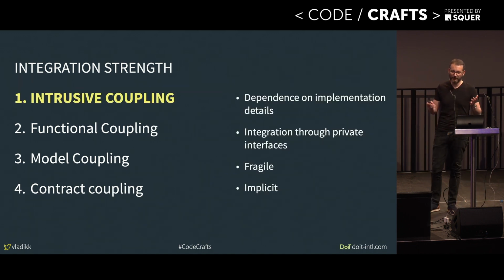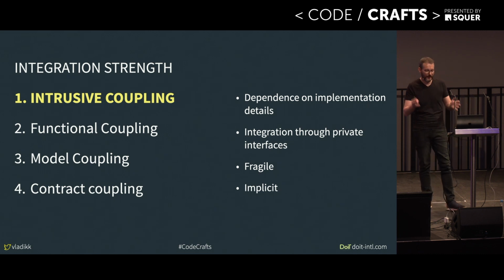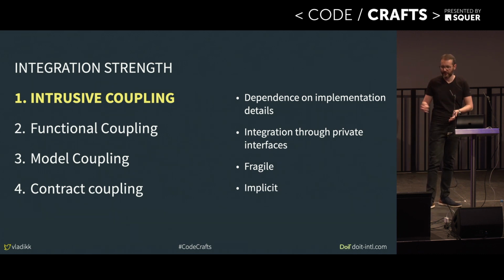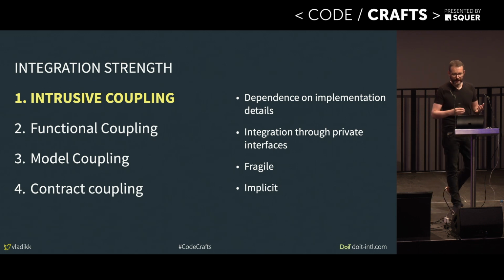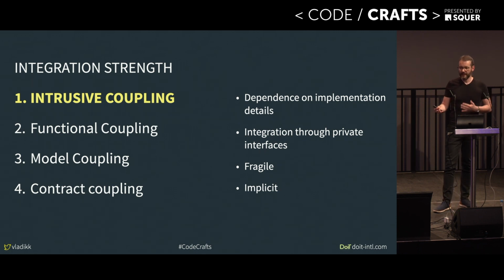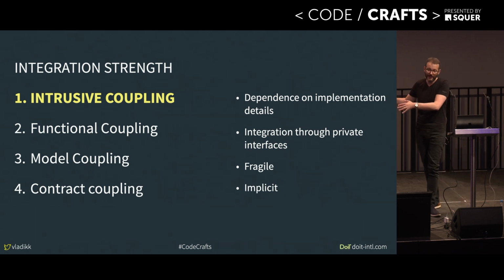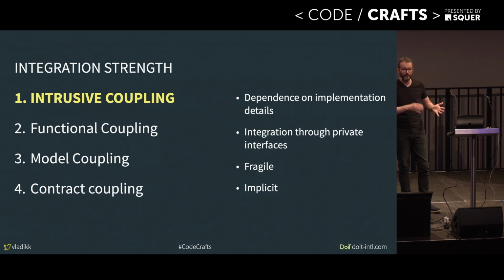Intrusive coupling is the synonym for content coupling in structured design. We are using something that was not intended for integration. We're using private interfaces, we're using implementation details, and of course, such an integration method is fragile and implicit. The authors of that upstream component may not even be aware of that integration taking place.